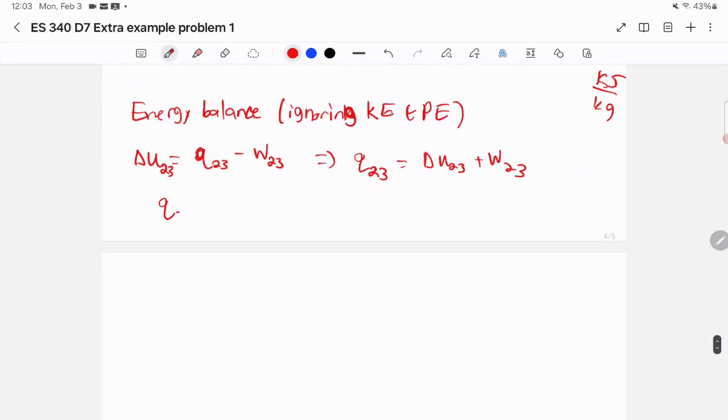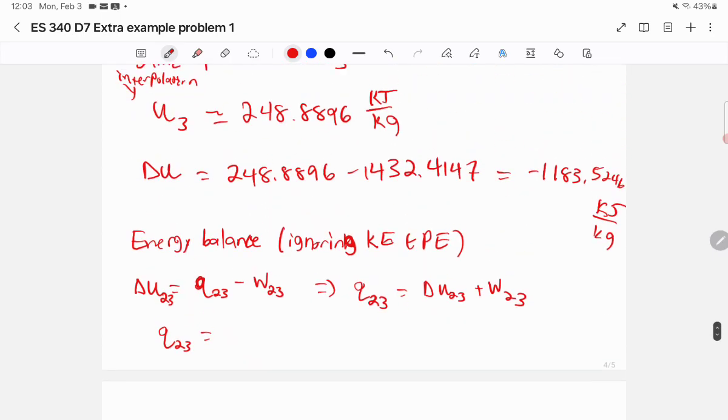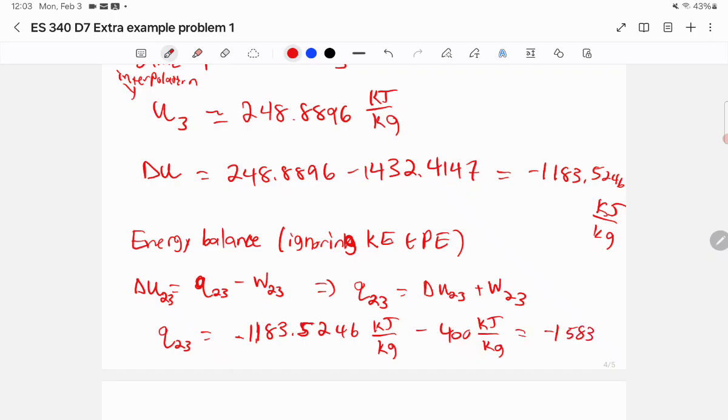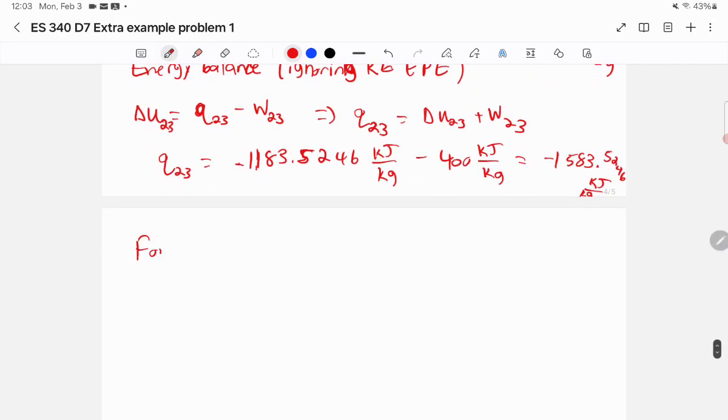So that means Q 2 to 3 is equal to, well, delta U is minus 1183.5246 kilojoules per kilogram, and then the W was minus 400 kilojoules per kilogram. So this is equal to minus 1583.5246, again, kilojoules per kilogram. That's what Q23 is.